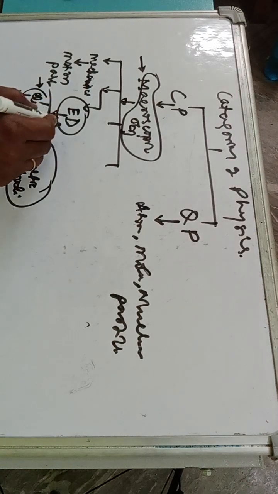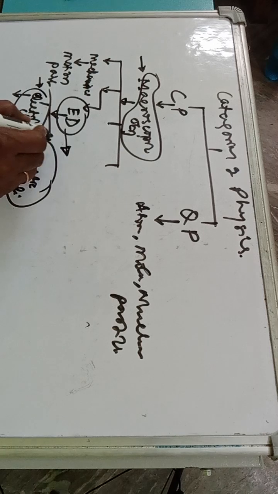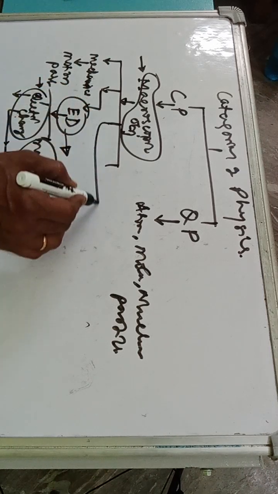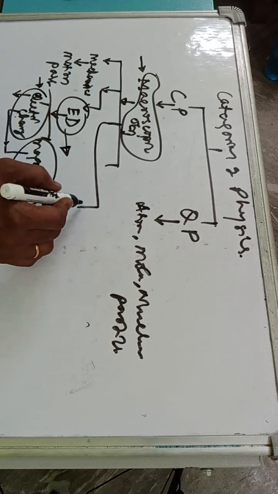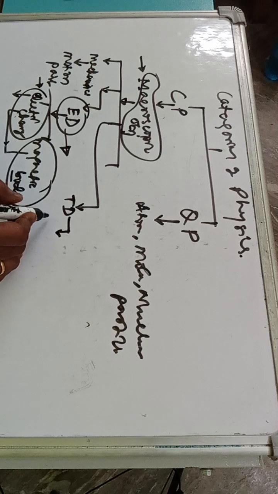Hence, electric phenomena and magnetic phenomena are inseparable, so it is termed combinedly as electrodynamics. And another is thermodynamics, which deals with flow of heat.